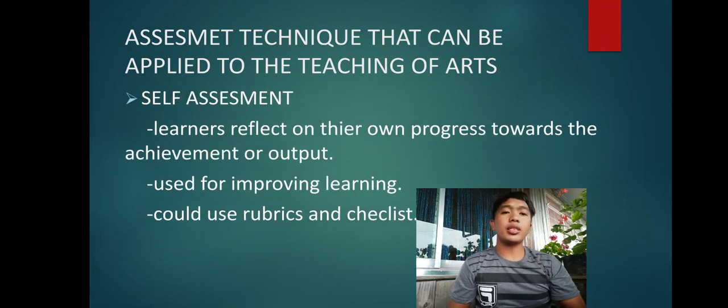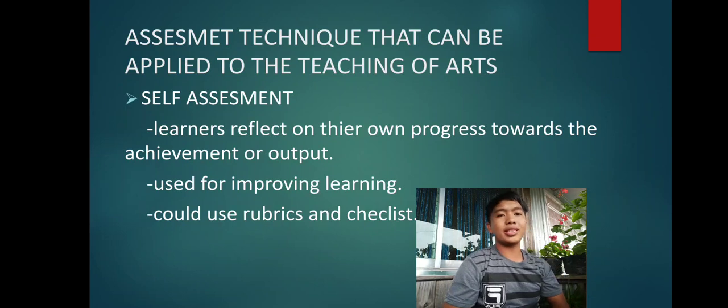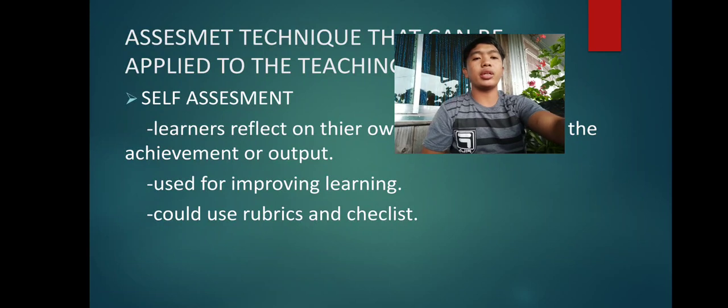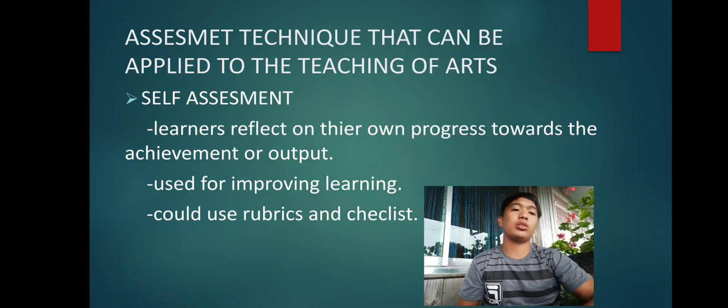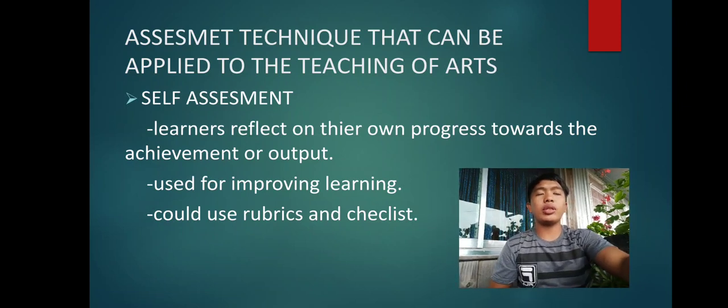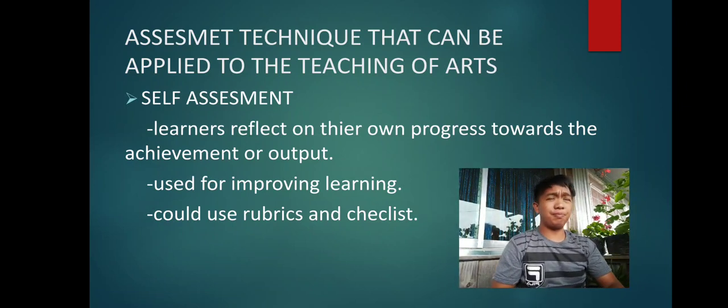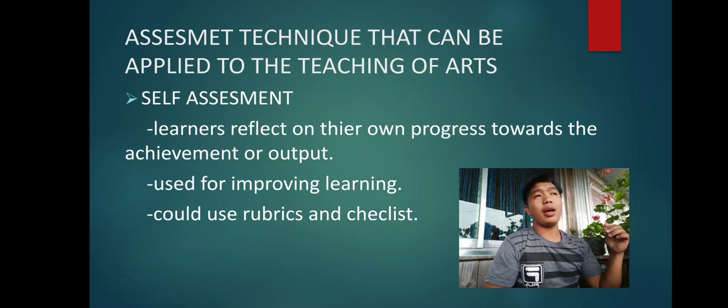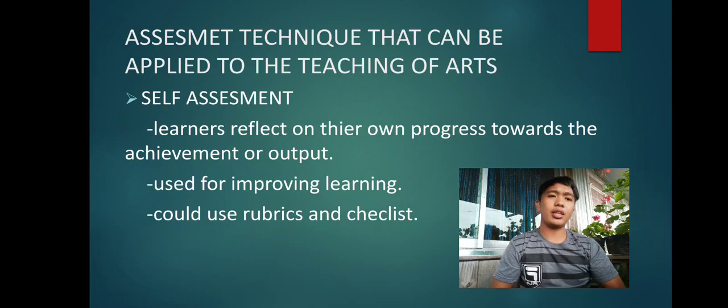Okay, next is self-assessment. Learners reflect on their own progress towards the achievement or output used for improving learning. Could use rubrics and checklists. So as a teacher, what we can do here is make a checklist and give it to the students, and they may assess themselves.